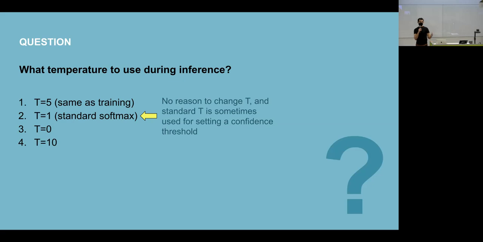And so some people do rely on the value coming out with a softmax temperature equal to 1. And so typically during inference, there's no reason to change softmax temperature. It's only a training hyperparameter, basically.